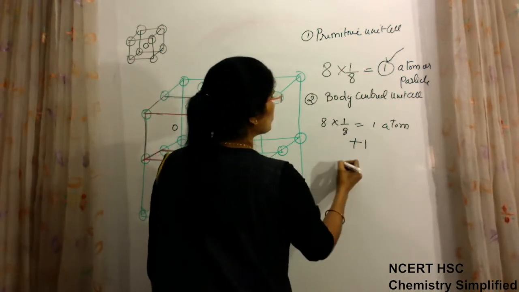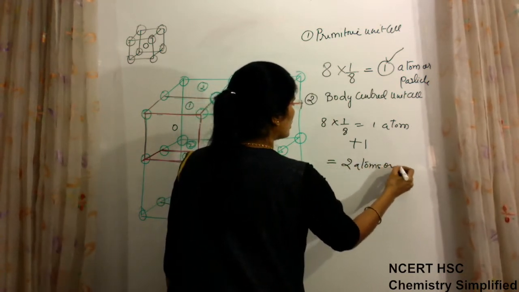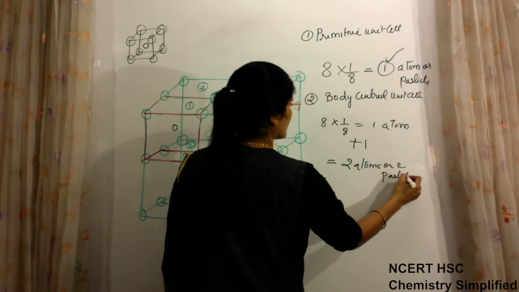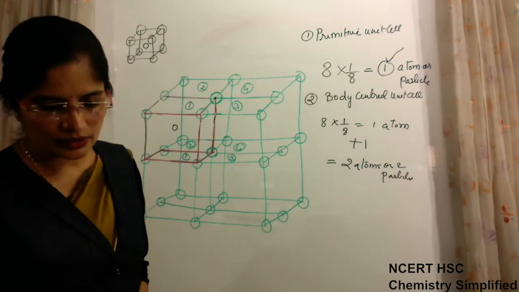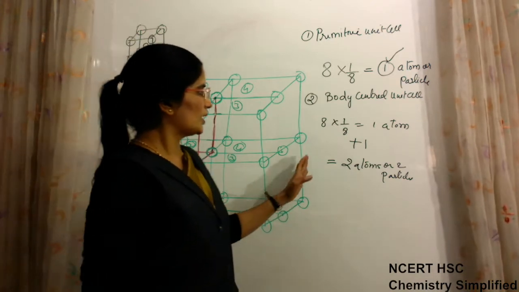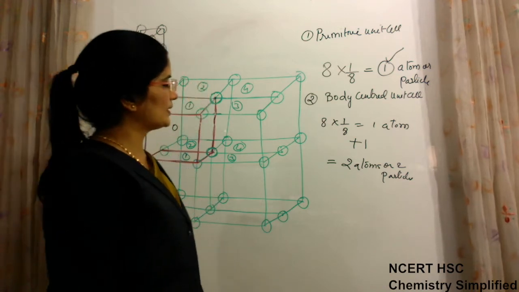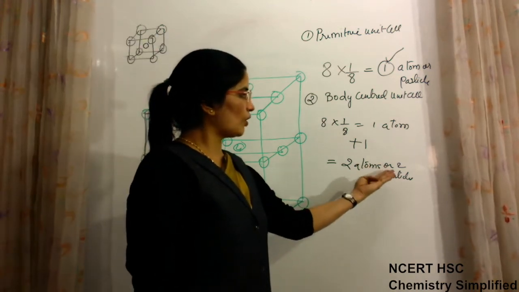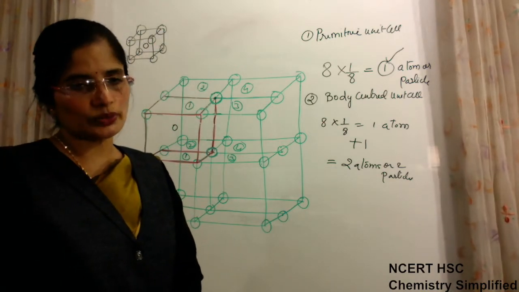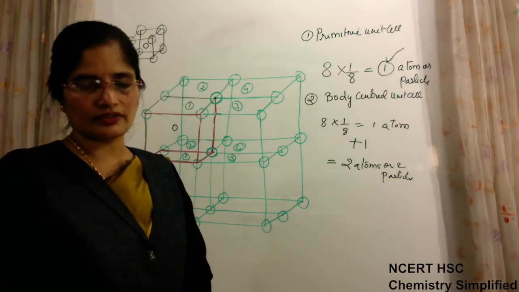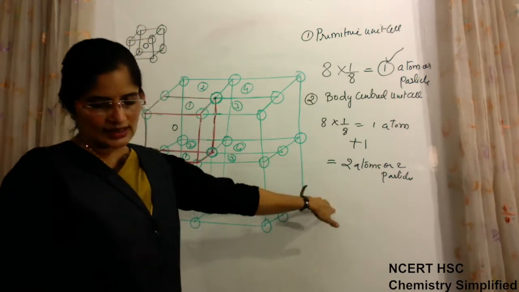So plus 1 more atom, that is a total of 2 atoms or 2 particles. Not always atoms, they may be ions, they may be molecules. So in case of BCC or body centered lattice, 2 particles are present per unit cell. We are not talking about the crystal, we are talking about unit cells. Okay, now this is the second thing.